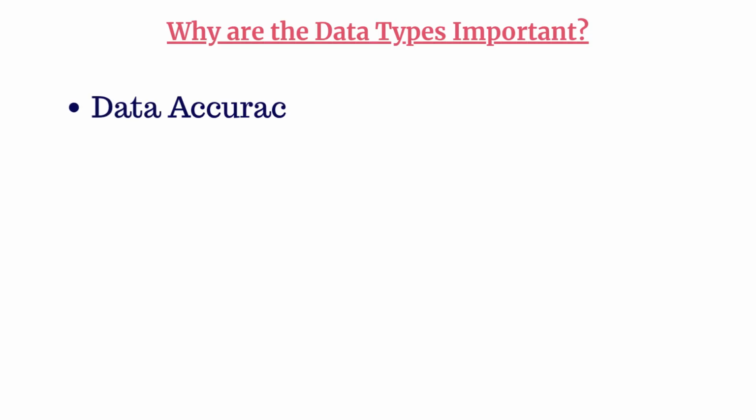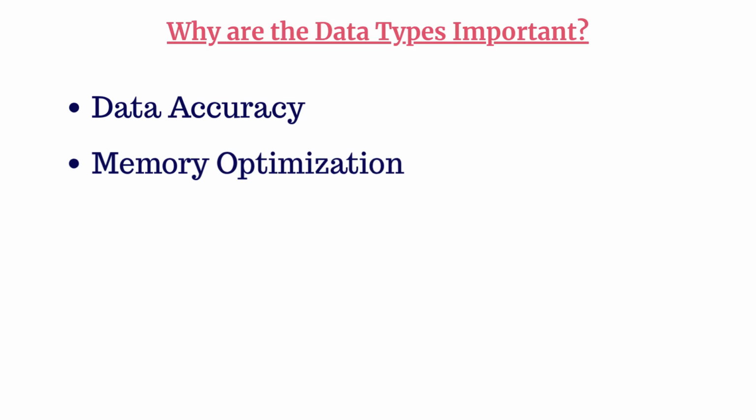But why are these data types important? First, data accuracy. It prevents wrong data. For example, it will prevent entering numbers in the name column. Next is memory optimization. When you define a column in SQL, the database allocates memory, that is storage space, for that data, and different data types use different amounts of memory, thus preventing the wastage of space.